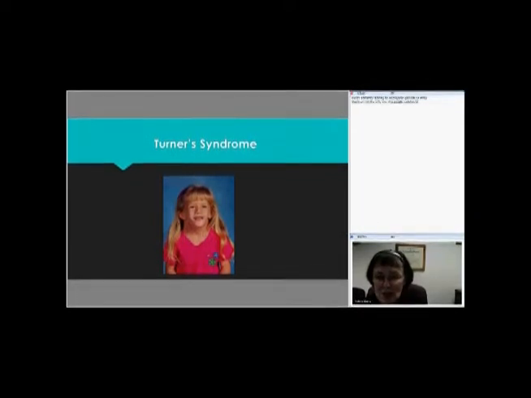Turner syndrome, here's a little girl, certainly an endocrine metabolic disorder, and you can see the web neck. This is a fairly common syndrome, so you probably have seen people with Turner syndrome. They are usually infertile.